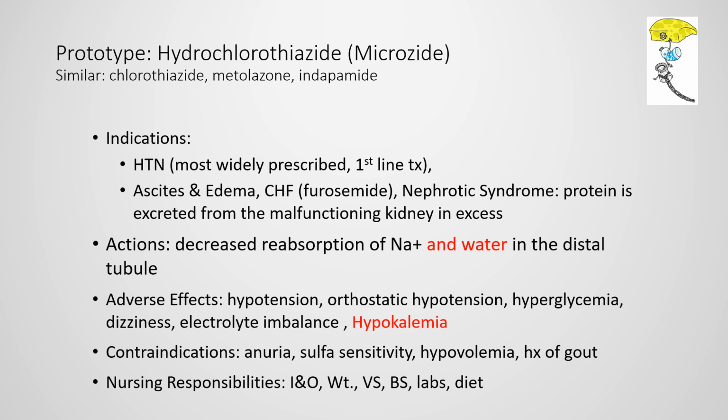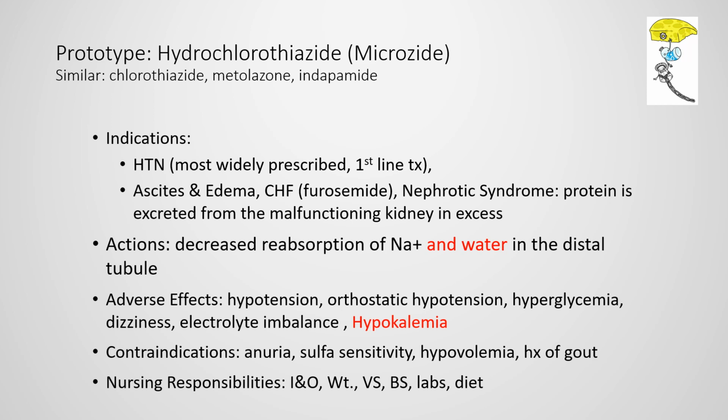Nephrotic syndrome is a condition where you're losing tremendous amounts of protein. That's actually the definition of nephrotic syndrome, excessive loss of albumin. And in order to help remove some of the fluid that you're retaining, you can use hydrochlorothiazide.